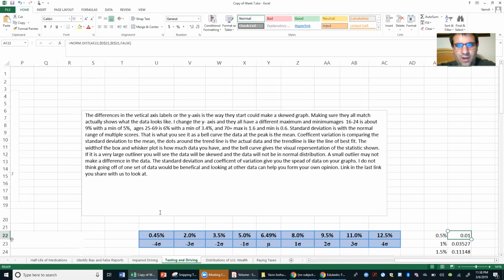I changed the y-axis, and they all have a different maximum and minimum. 16 to 24 is about 9% with a minimum of 5. 25 to 69 is 6% with a minimum of 3.4, and 70 plus max is 1.6, and the minimum is 0.6.